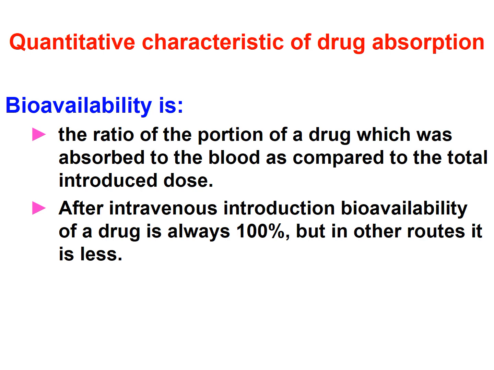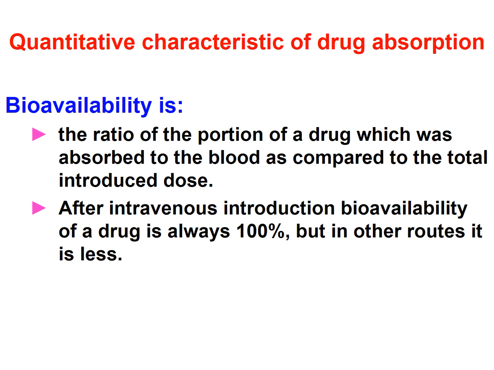When we administer the drug by some route of introduction, not the whole amount of the drug can be delivered to the bloodstream. Some part of the dose is always lost due to different reasons, and the parameter bioavailability shows us how much of the total dose was absorbed to the bloodstream.